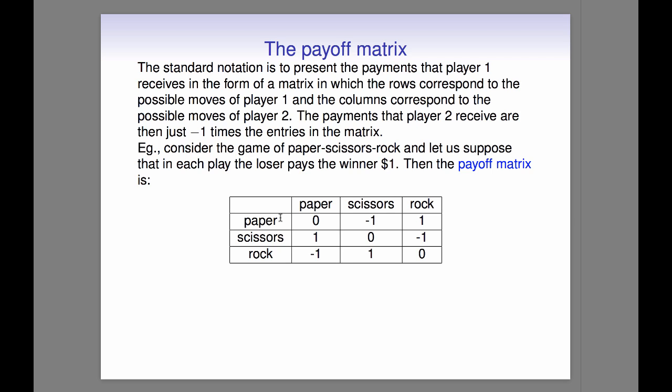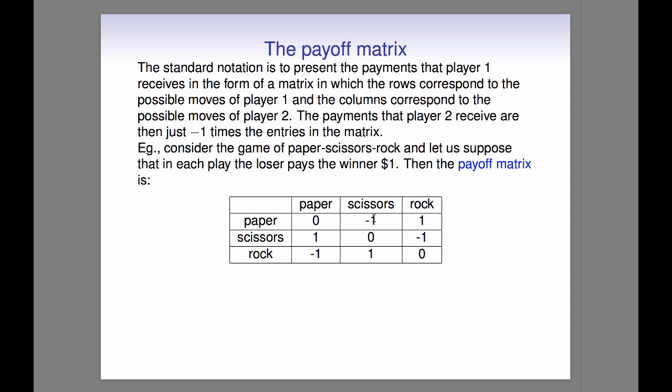And let's say that in each game that one plays, the winner gets $1 and the loser loses $1. So here is the payoff matrix. If player 1 plays paper and player 2 plays rock, player 1 wins $1.